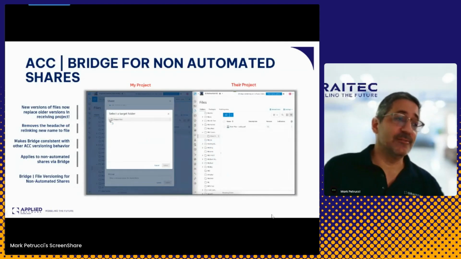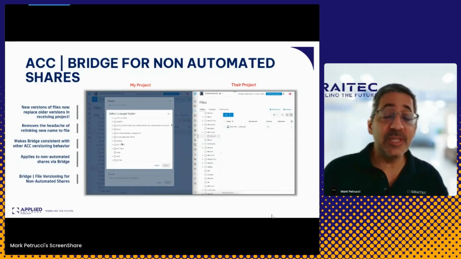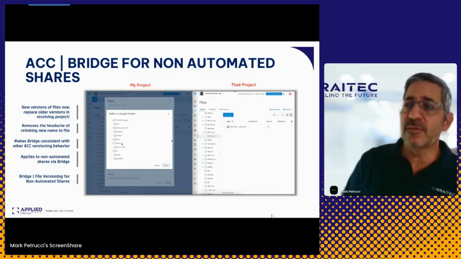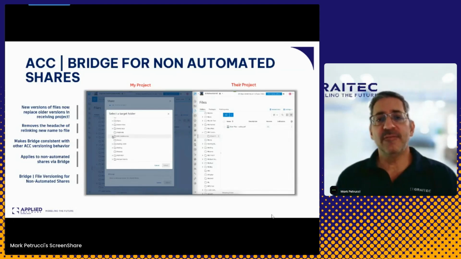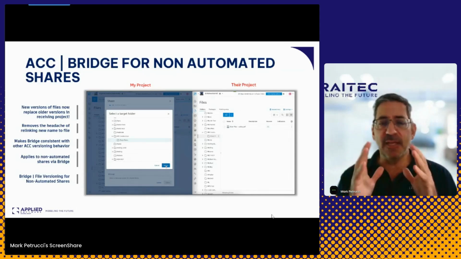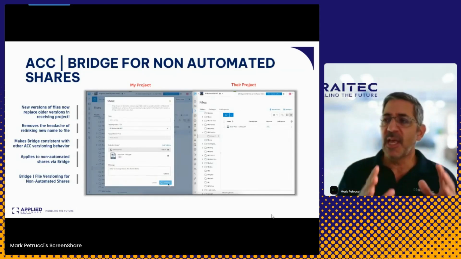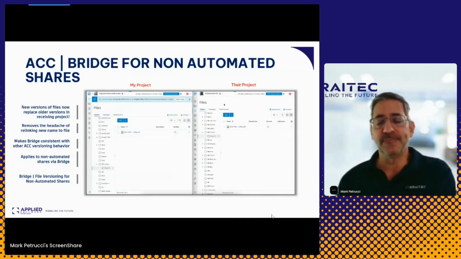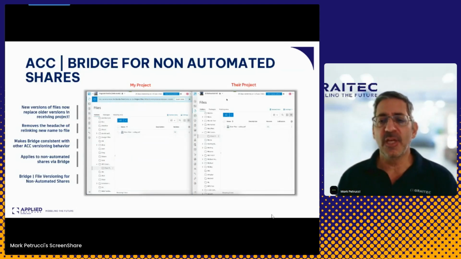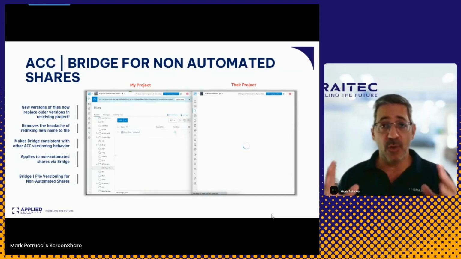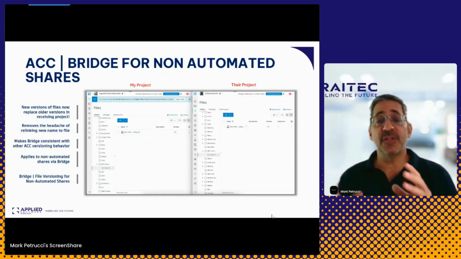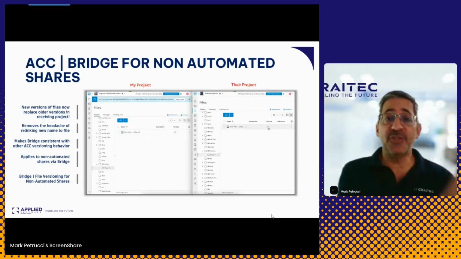This is a big deal. I think this one is really important. Autodesk came out with a feature called Bridge not too long ago. The advantage of Bridge is that I can take files from my project, copy them, and share them with another project. A good example is an architect who has their own ACC project and needs to share their Revit model with the engineers or with the general contractor.